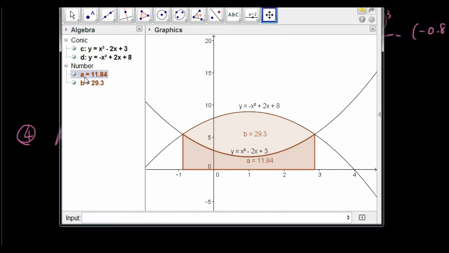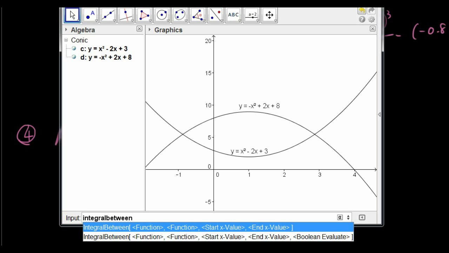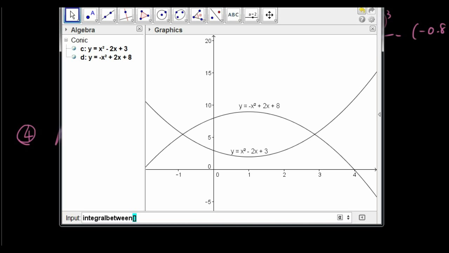I'm going to delete the two areas that I have found already, and this time I'm going to use the integral between function in GeoGebra. What it does is you just type in both of your functions.